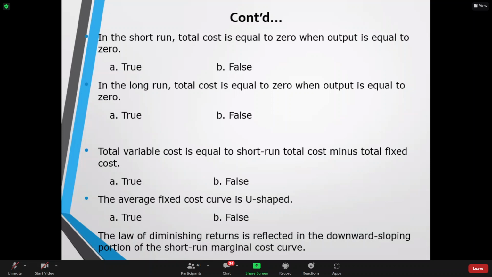Okay. In the long run, total cost is equal to 0 when the output is equal to 0. True. Okay. Total variable cost is equal to short run total cost minus total fixed cost. What is the answer?